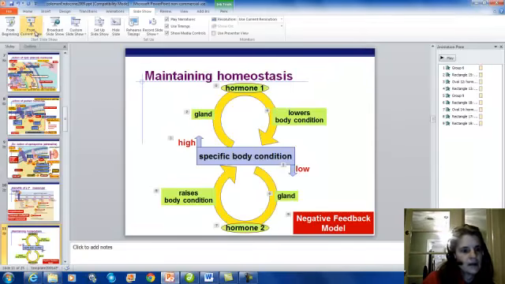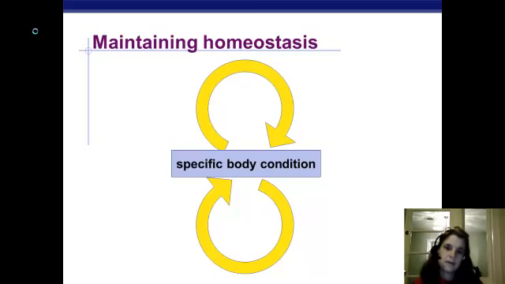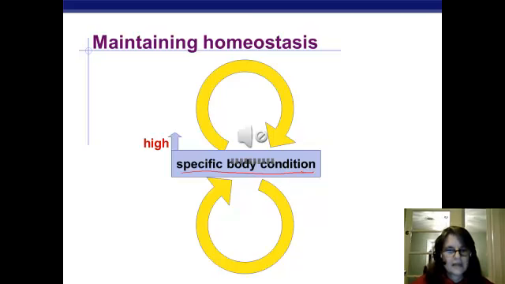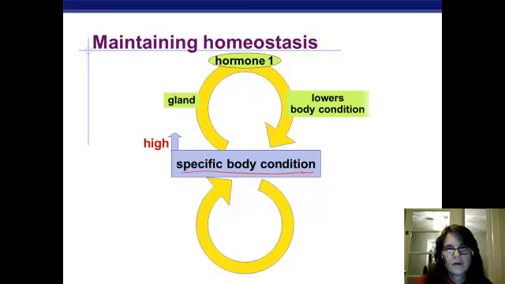Okay. Please remember, hormones and many things in the body are geared to maintain homeostasis. If we have some particular body condition that we want to maintain at a certain level, perhaps that level gets too high, so a gland produces some hormone that lowers that body condition.